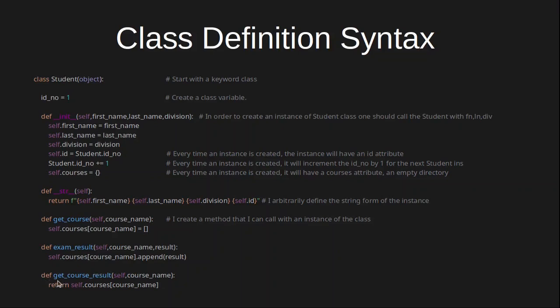And the last one is called getCourseResult. It takes 2 arguments, the instance and the course name, and it returns the value of courses with the key course name.